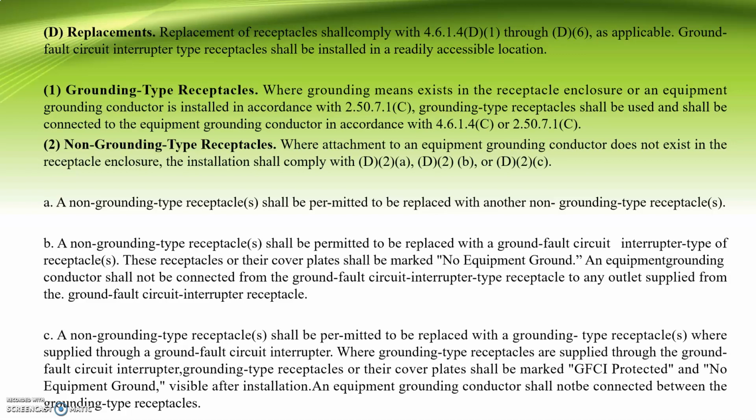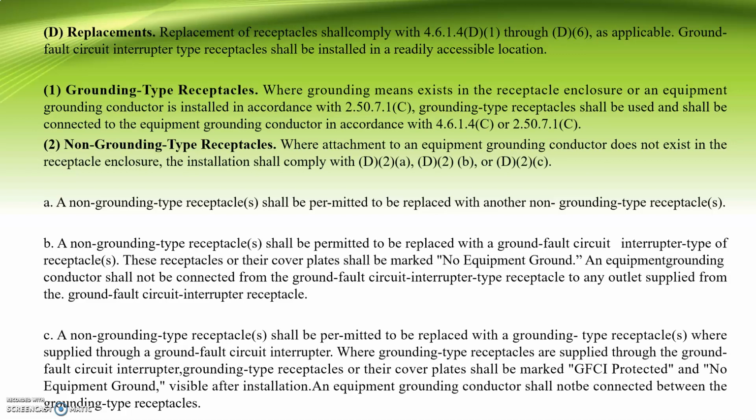Number 2, the non-grounding type receptacles, where attachment to an equipment grounding conductor does not exist in the receptacle enclosure. The installation shall comply with D2A, D2B, or D2C. A, a non-grounding type receptacle shall be permitted to be replaced with another non-grounding type receptacle. B, a non-grounding type receptacle shall be permitted to be replaced with a ground fault circuit interrupter type receptacle.